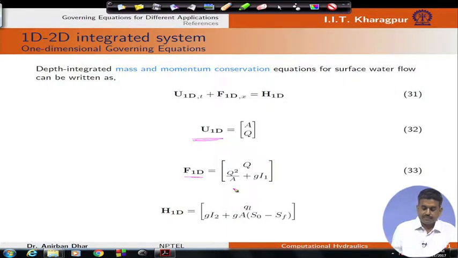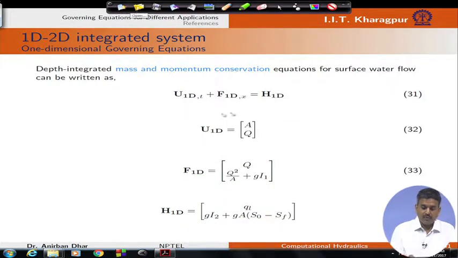F1D, again this Q is for mass, Q square by A, and G I1, this is for momentum equation. H1D, again QL, which considers the lateral discharge, is for mass, and this one is for momentum equation.